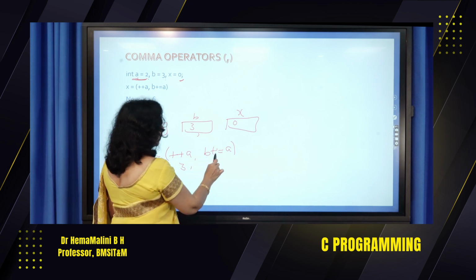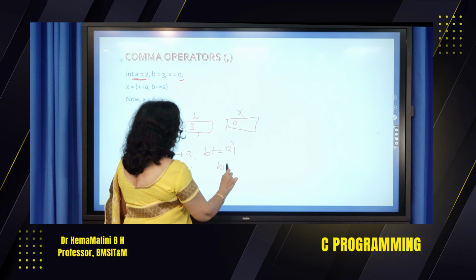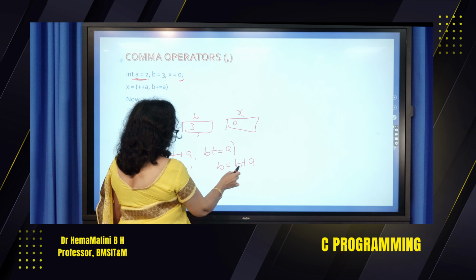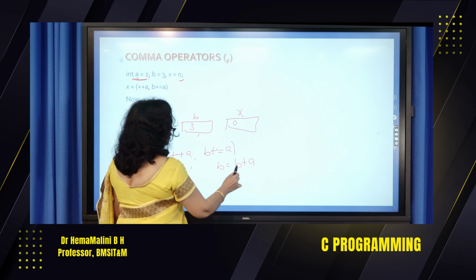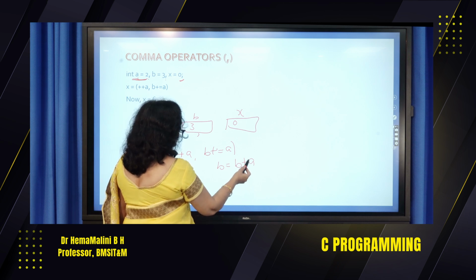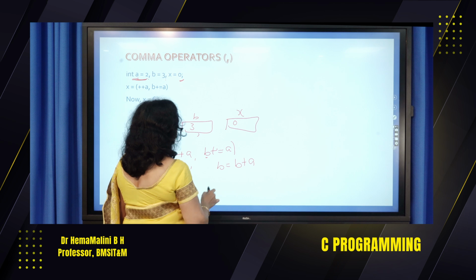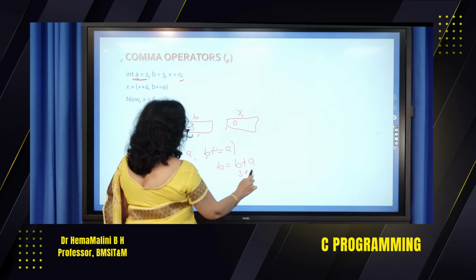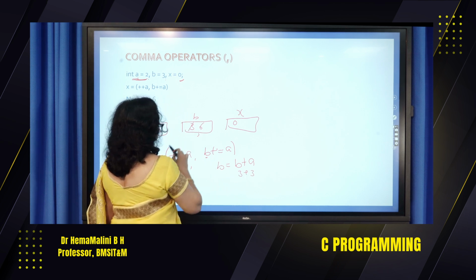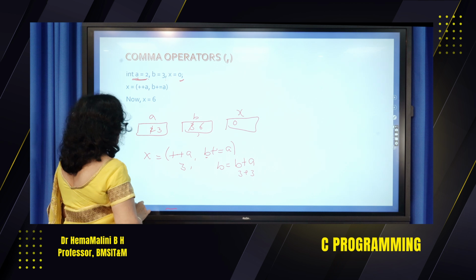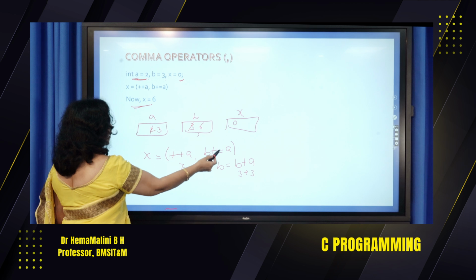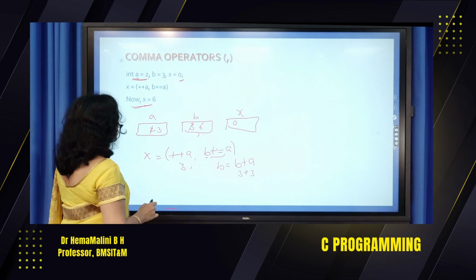Then B plus equal to A means B equal to B plus A. So B and A are added, the result is stored back in B. B is 3, A is 3, 3 plus 3 is 6, which is stored in B. So now x is going to get 6. The resultant value is x, x is going to get 6.